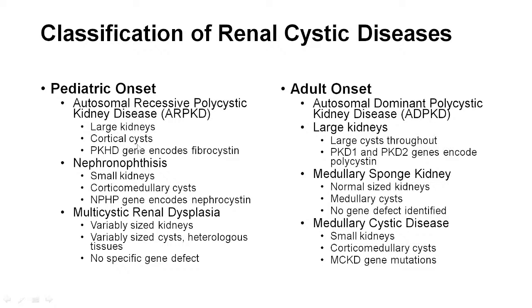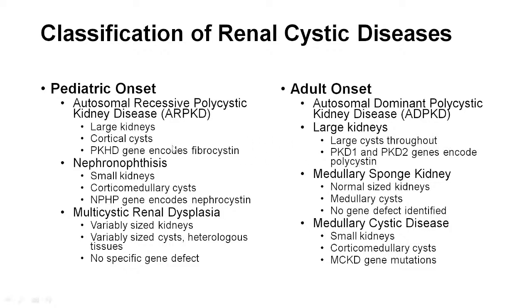They are cortical cysts. They have a PKHD gene which codes for fibrocystin protein. While in the adult, these large cysts are seen throughout, that is in the cortex as well as in medulla. PKD1, PKD2 genes encode for polycystin.